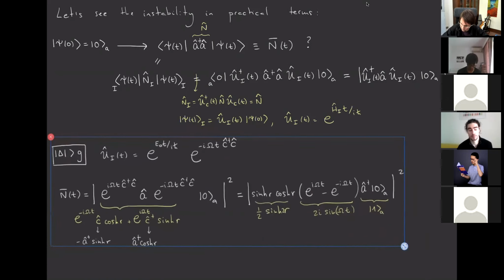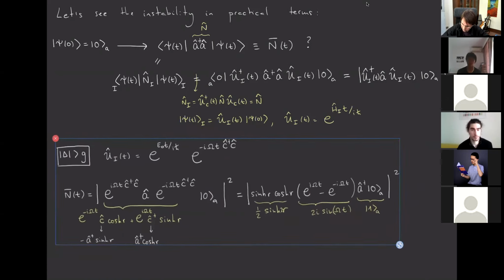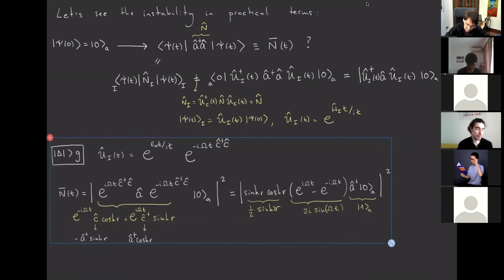I hope you can see it well. So the final expression is just the hyperbolic sine squared of 2r times the normal trigonometric sine squared of omega t.